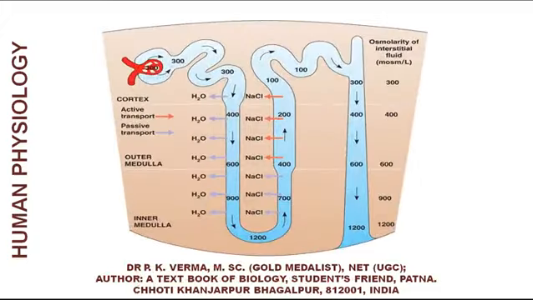In this diagram, it has been shown how the osmotic pressure in the descending limb is greater than the osmotic pressure in the ascending limb. In the collecting duct and descending limb, as well as in the interstitium, the osmotic pressures are the same or similar, that is, they are isosmotic.